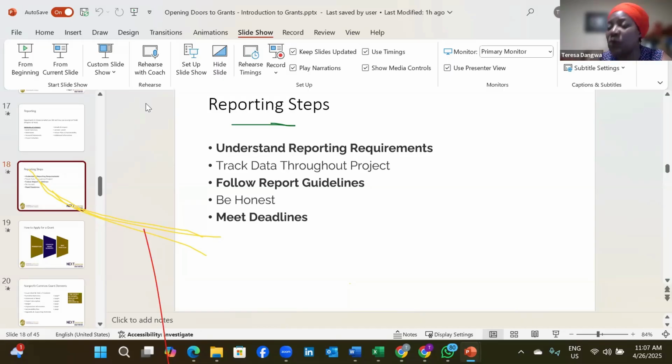Because if they have to pull those reports out of you like they are pulling teeth, then you are not a good partner to work with. So if other funds are available, they may not give that money to you because you don't meet deadlines or because you are not reporting following their guidelines. So it's very important that you follow the guidelines.